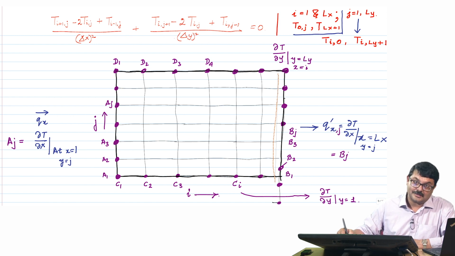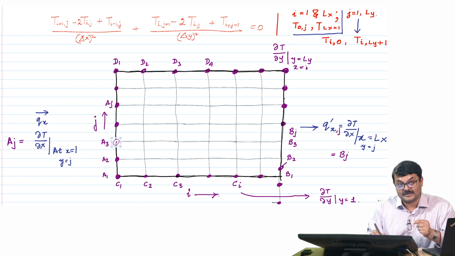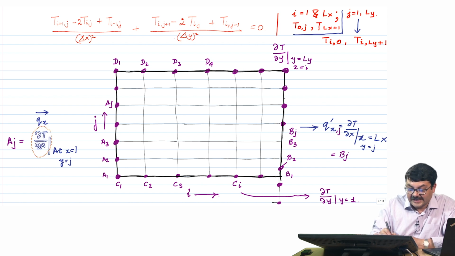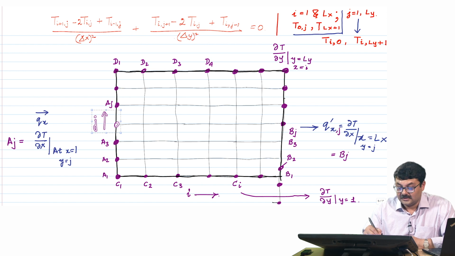But in principle, you can also have different amounts of heat coming in here and here and here. So basically A, which is the measure of the heat coming in the boundary condition, dT/dx, can have different values as a function of y, the j coordinate.